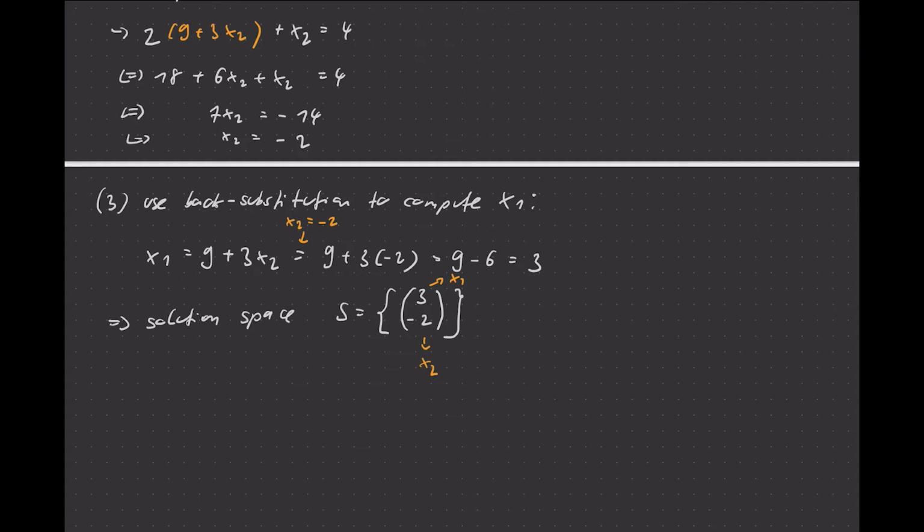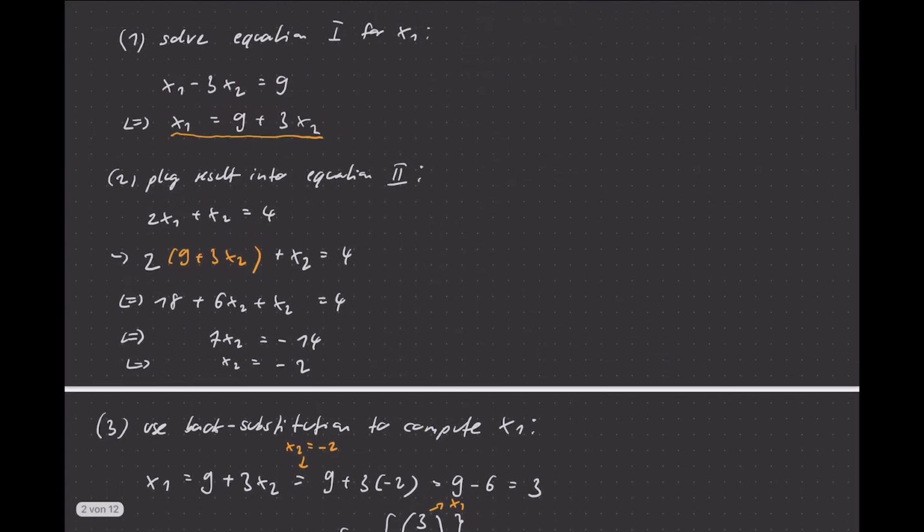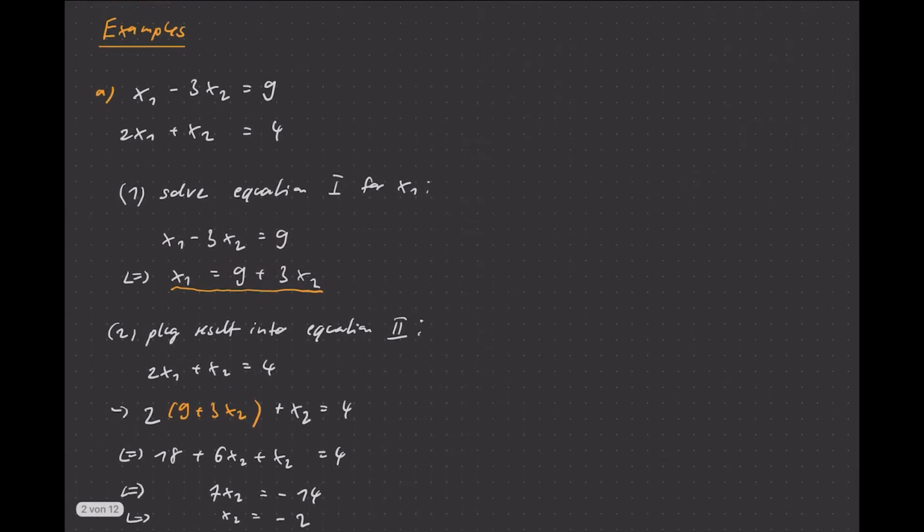And of course, in this simple setting, one can ask, how would that look geometrically? What does that actually mean, this equation system and that solution? If we look at that system once again, you can see these are equations in two variables. That means you could solve for one of those.